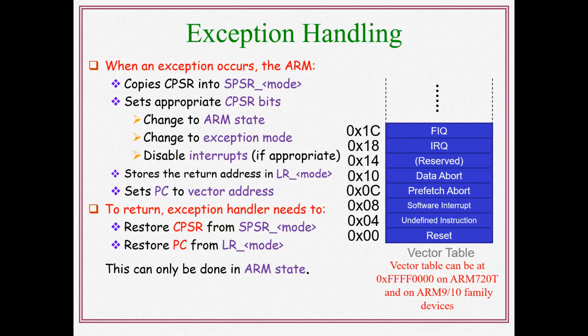To return, the exception handler needs to restore CPSR from SPSR of that particular mode and restore PC from the link register of that mode. This can only be done in ARM state, not in Thumb state.